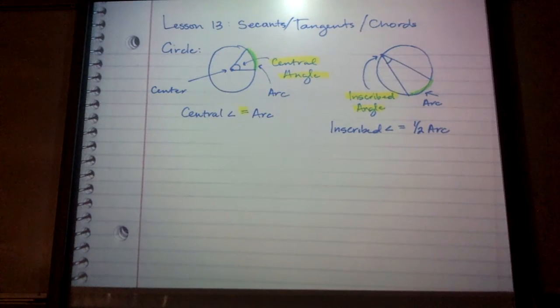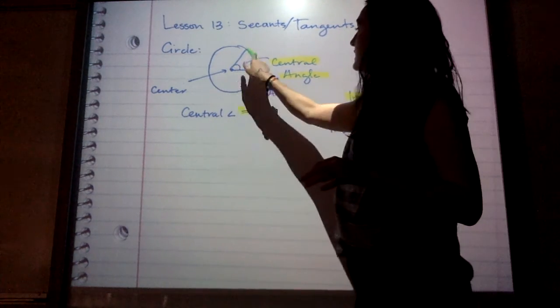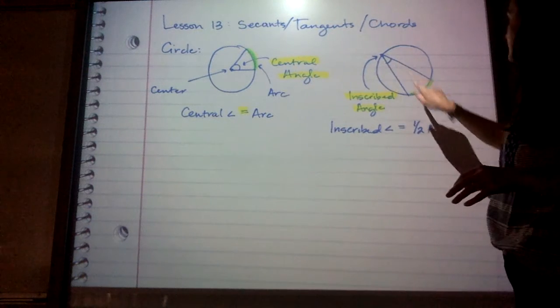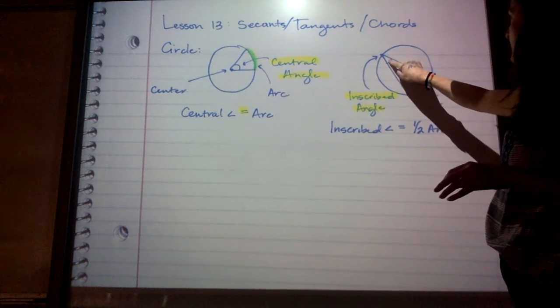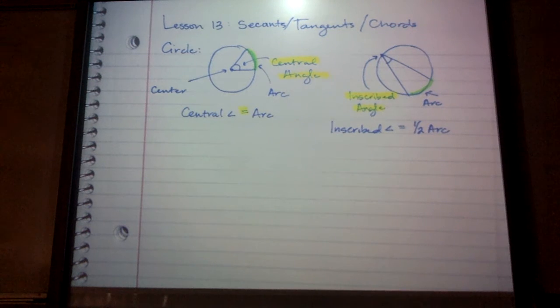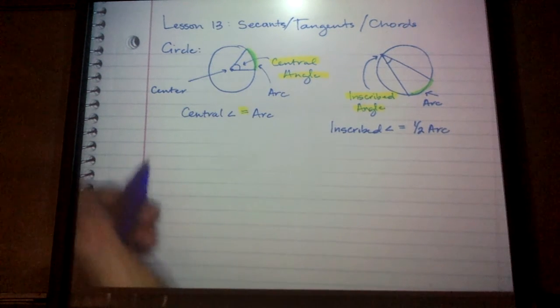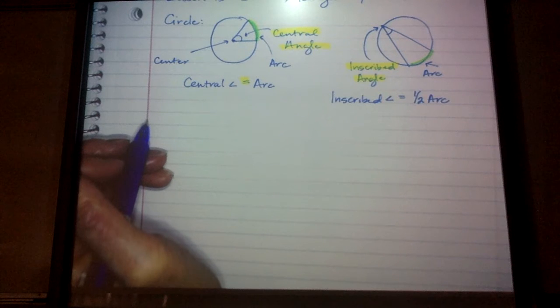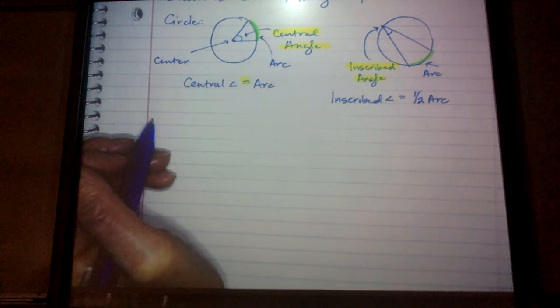So central angles and arcs are equal, while an inscribed angle should be half of its arc. So that is the first part. That should be review.